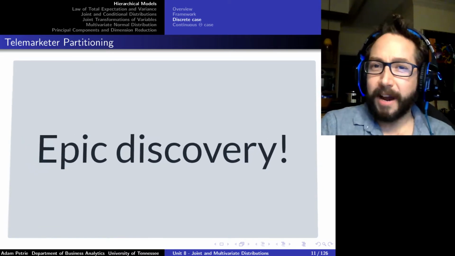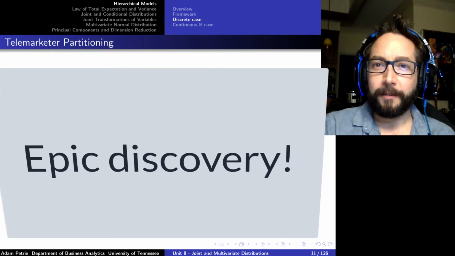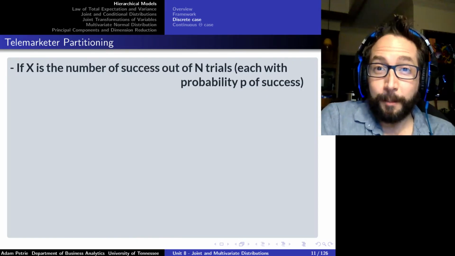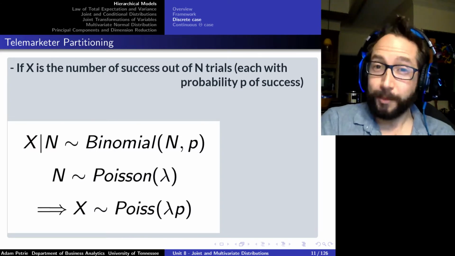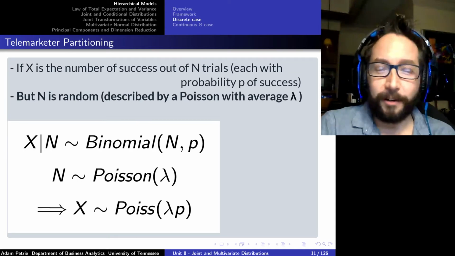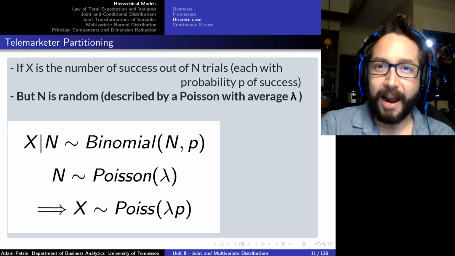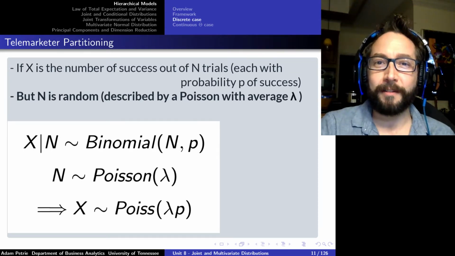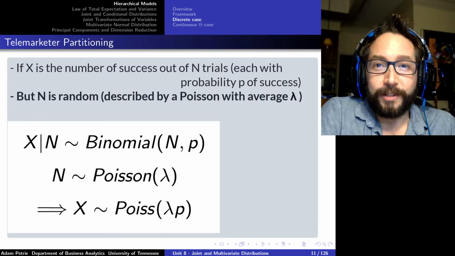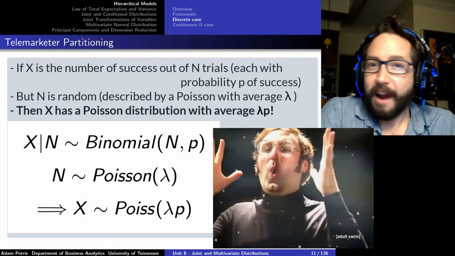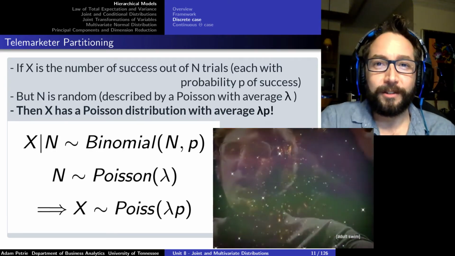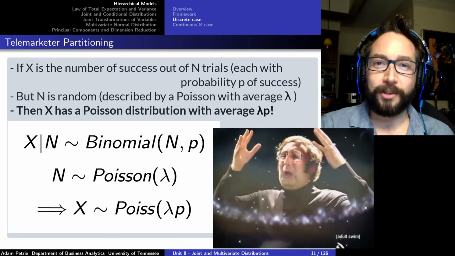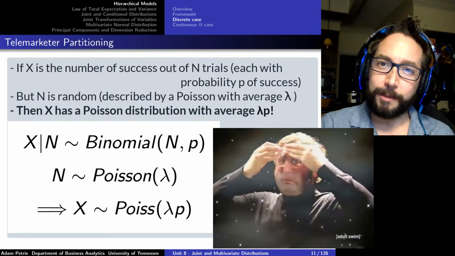So we've made a rather interesting discovery here. If for a particular number of calls, the number of successes is well described by a binomial distribution, but the number of calls is random and has a Poisson distribution itself, it turns out that the marginal distribution of the number of sales, after you disentangle its dependence on that random number of calls, also turns out to be a Poisson distribution with parameter lambda times p.